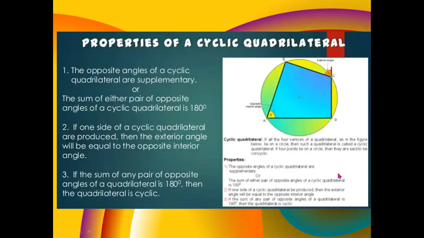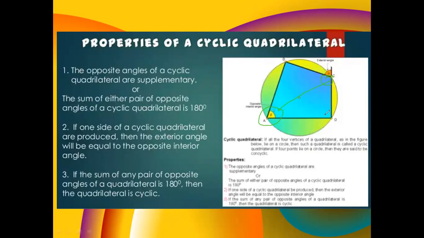The opposite angles are supplementary. What do we mean by supplementary? Supplement, support. This angle here, the yellow one, is supplementary to the opposite angle here. They support each other, and the sum of the angles should be 180 degrees, so that we can tell that this is a cyclic quadrilateral.